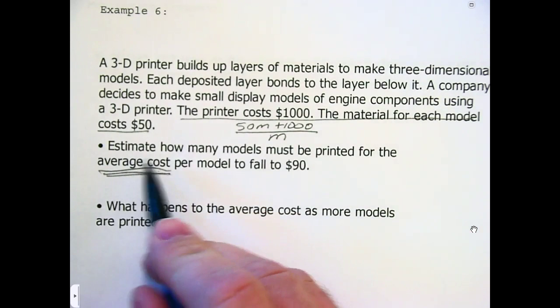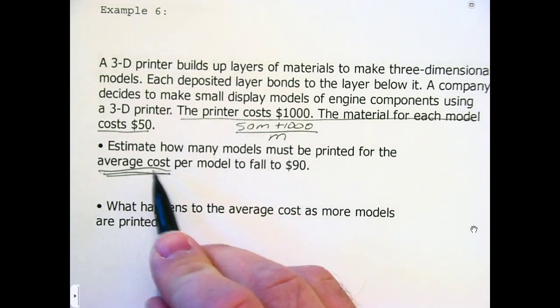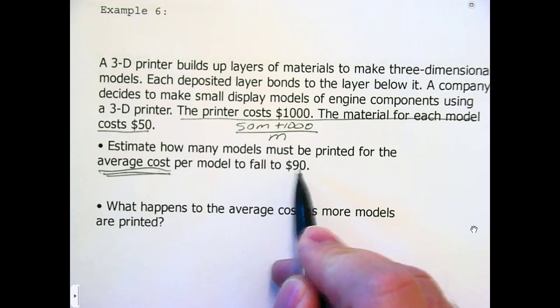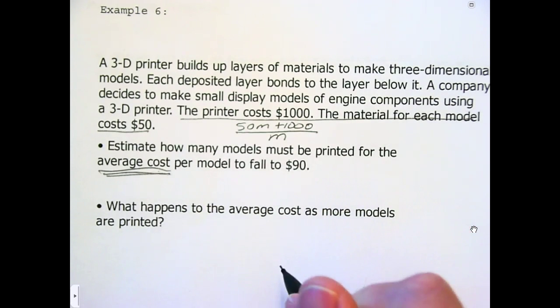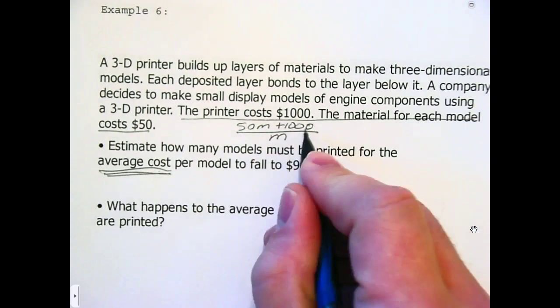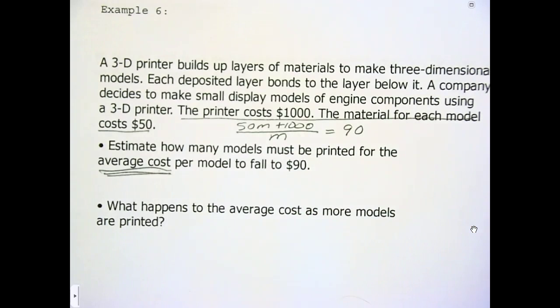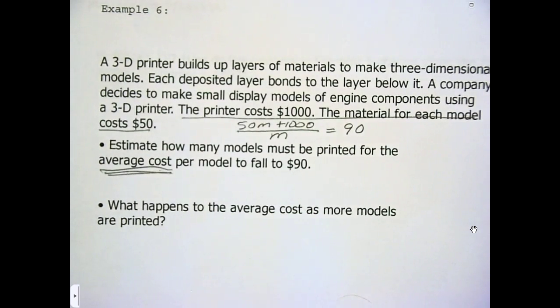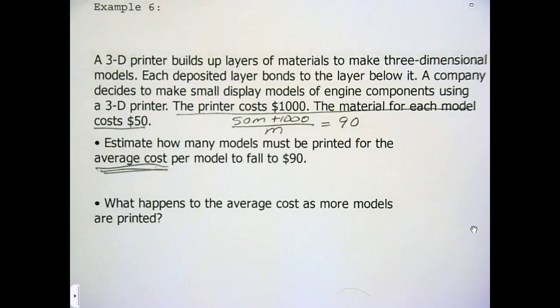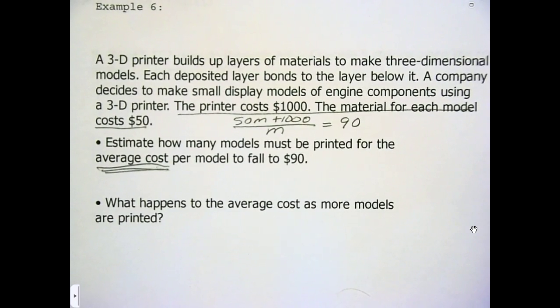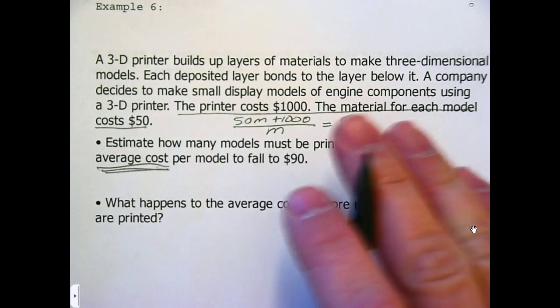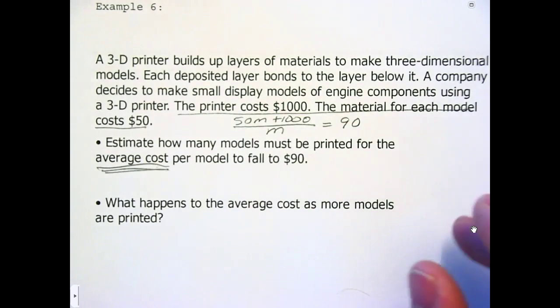So estimate how many models must be printed for the average cost to fall to $90. So when will this average cost equal 90? That's what we're solving there. How many are with me on what we've done?